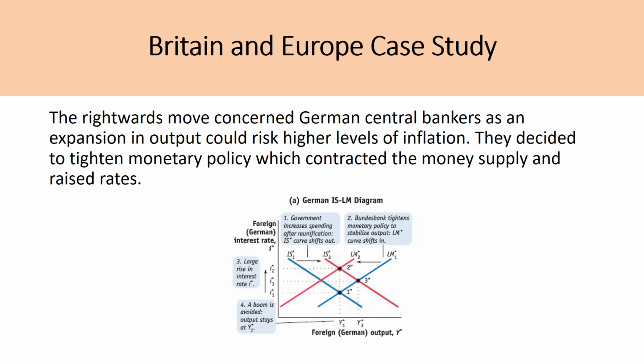So it wasn't just a little policy change, it was a significant policy change that really would have expanded output without any reaction from the central bank. And so in order to counteract that inflationary pressure, they shifted the LM curve to the left in order to control output. So they actually restricted the money supply in order to raise rates.